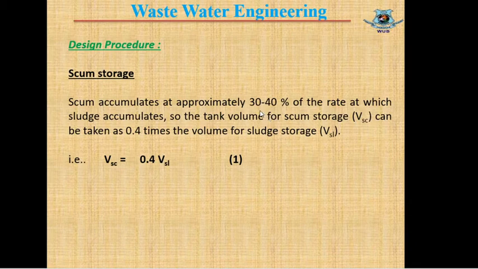We will take the maximum value, 40%, so the volume of scum will be 0.4 of sludge. That means VSC, the volume of scum, equals 0.4 times VSL, the volume of sludge.